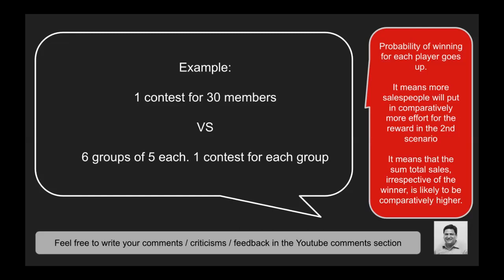It also means that the sum total of sales, irrespective of the winner, is likely to be comparatively higher. Theoretically, there can be more winners now since there are more groups. You can also group people of the same performance bracket together so that the competition is a tough one within any group. If you don't believe us, please try it out in your sales team and measure the outcome.